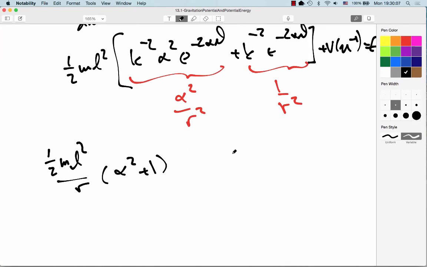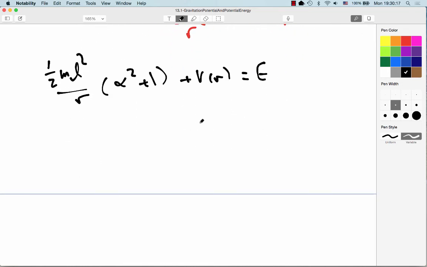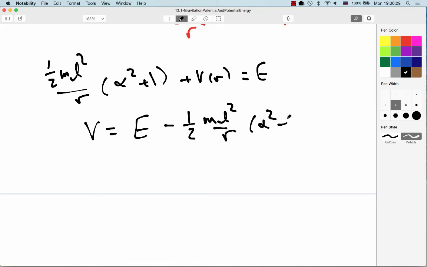So alpha squared plus 1 plus V of r equals our E. So our potential is our constant E, whatever it is, we just know it's a constant, minus 1/2 m L squared over r squared times alpha squared plus 1.